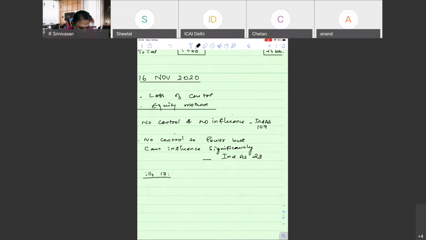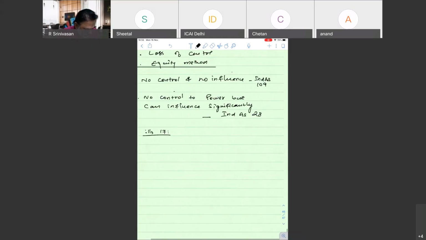P is doing a joint venture with Q, but they don't have the joint control. In that case, still P is a joint venture. Therefore, this company is a joint venture. I'll tell you. P does have joint control of Q, a joint venture.